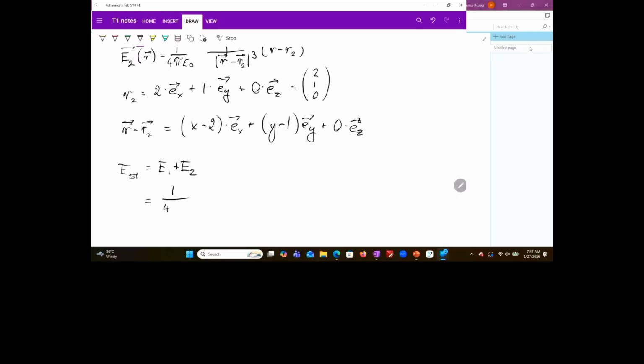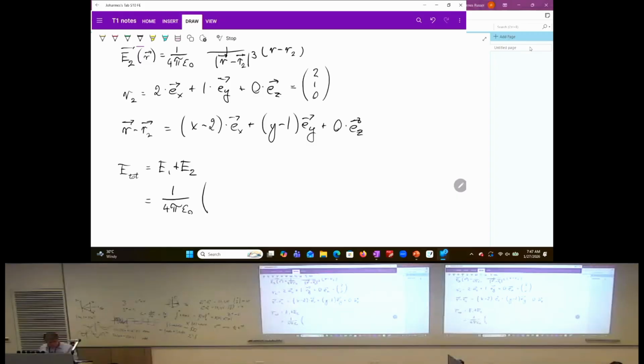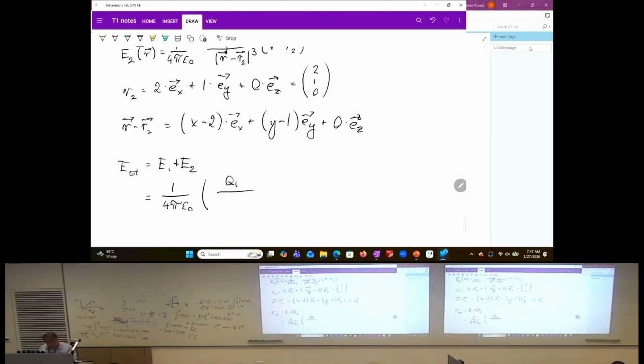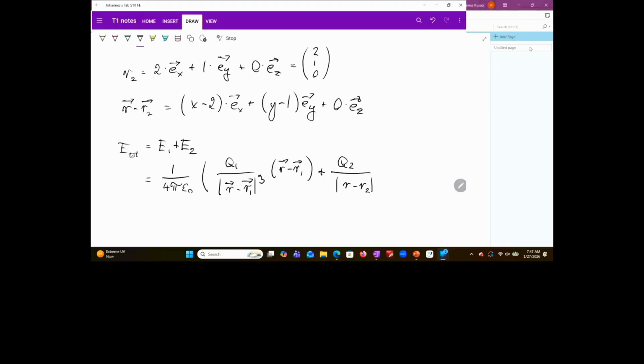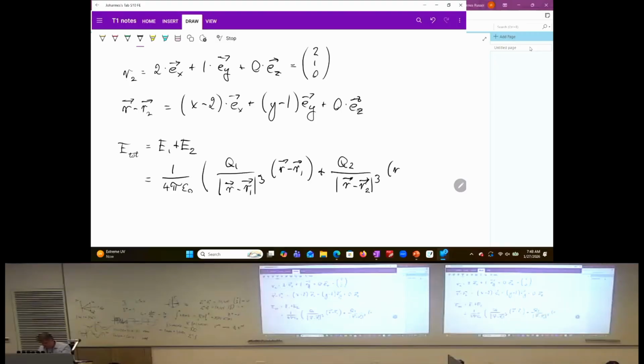We have 1 over 4 pi epsilon naught. And we have here, this was Q1. I keep it to get more general, but I'll switch back in a moment. That is R minus R1 to the power of 3 times R minus R1, plus the second one, Q2, and this is R minus R2 to the power of 3 R minus R2.